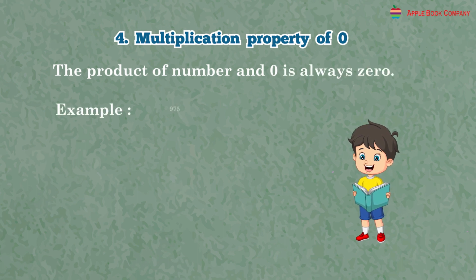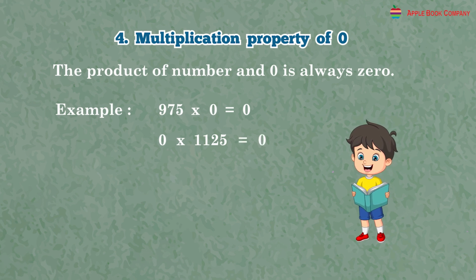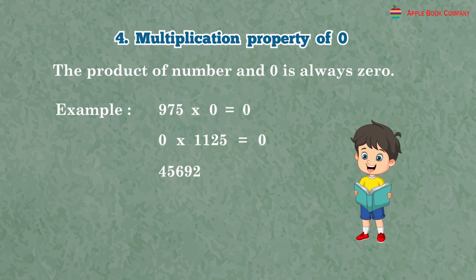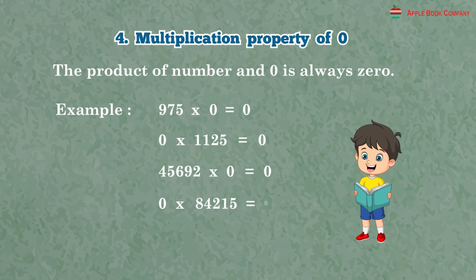Example: 975 multiplied by 0 is equal to 0. 0 multiplied by 1125 is equal to 0. 45,692 multiplied by 0 is equal to 0. 0 multiplied by 84,215 is equal to 0.